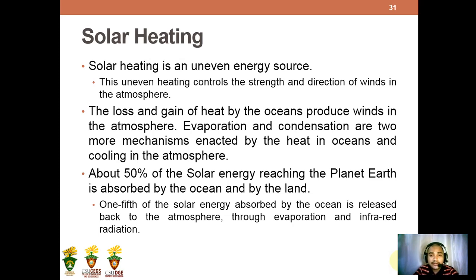And 1/5 of the solar energy absorbed by the ocean is released back to the atmosphere. So from the 50% absorbed by the oceans and the land, only 1/5 of the solar energy is being released back again to the atmosphere through evaporation and infrared radiation.